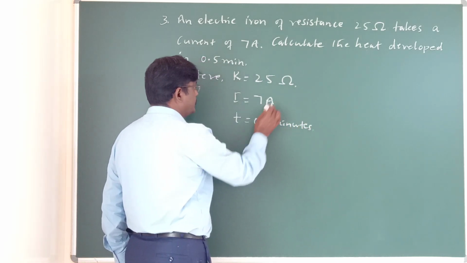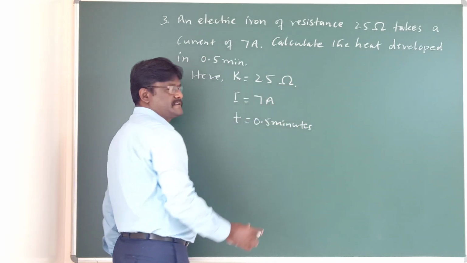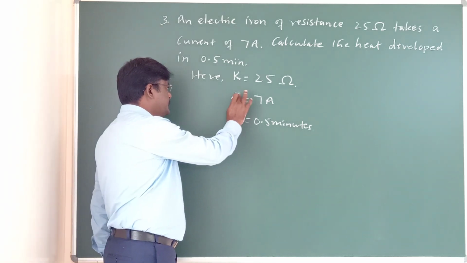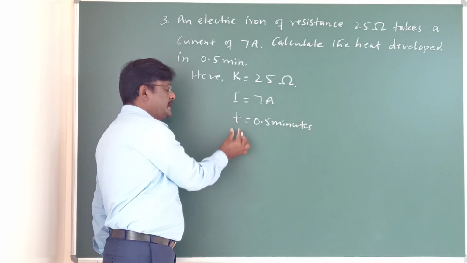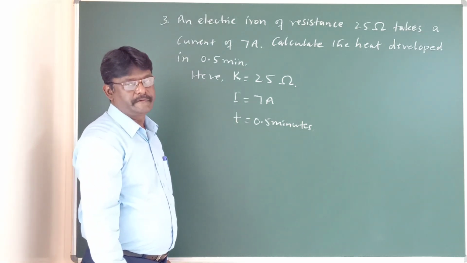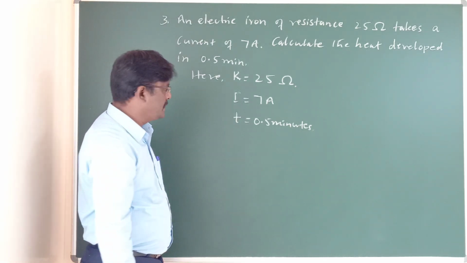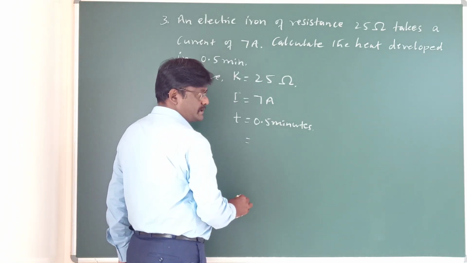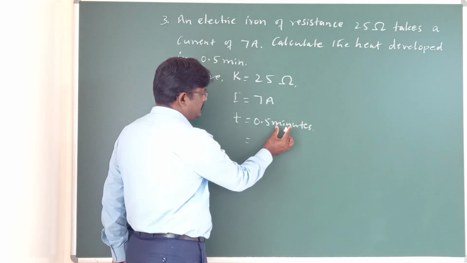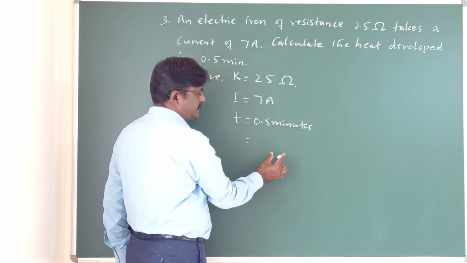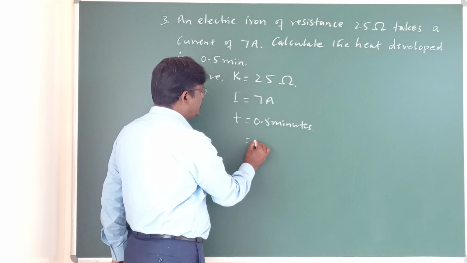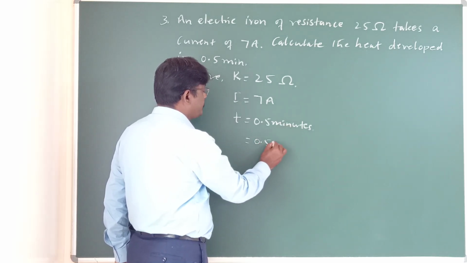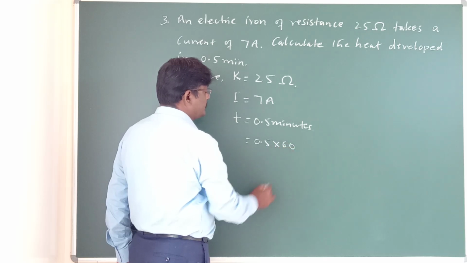Resistance is given in SI unit, current is given in SI unit. Then time, the SI unit of time we know is seconds. If it is not in SI, then we have to convert. Minute means 60 seconds make 1 minute. Hence, to get it in seconds, 0.5 into 60.